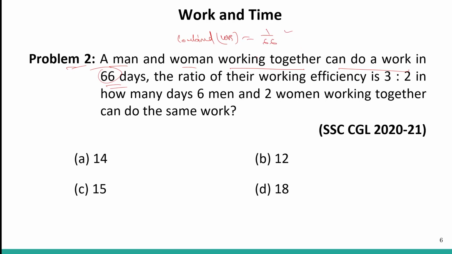The ratio of their working efficiency is 3:2. In how many days can 6 men and 2 women working together do the same piece of work? Will they take 14 days, 15 days, 12 days or 18 days? This question was asked in the SSC CGL 2020-21 paper.